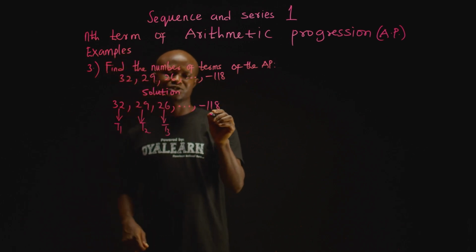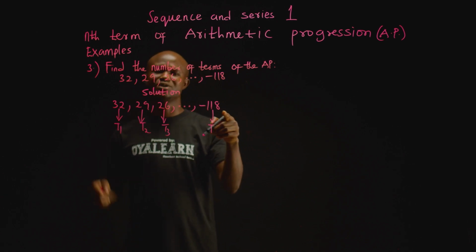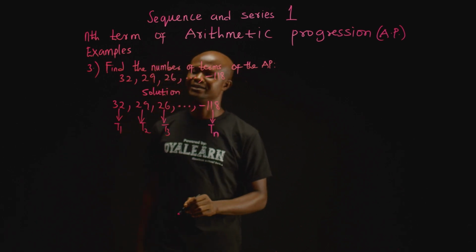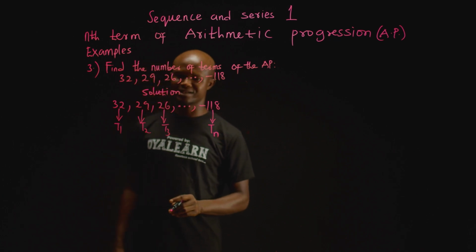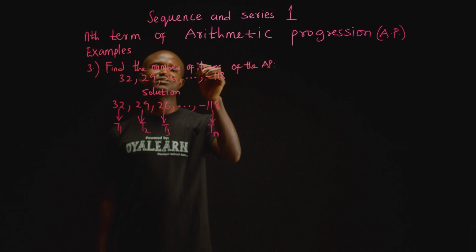Why is this term called the last term? This is the last term because this is a finite sequence. You can see, for a finite sequence, there's always a last term. This last term is denoted as Tn. So in this case, we want to find the number of terms in the sequence.